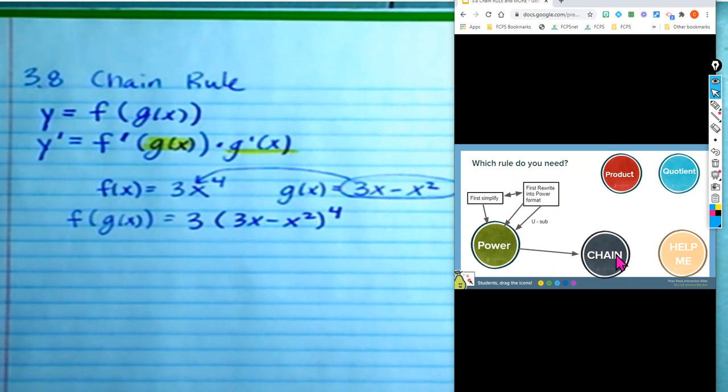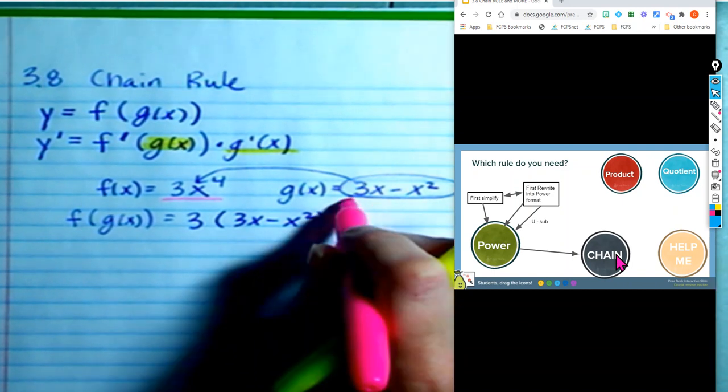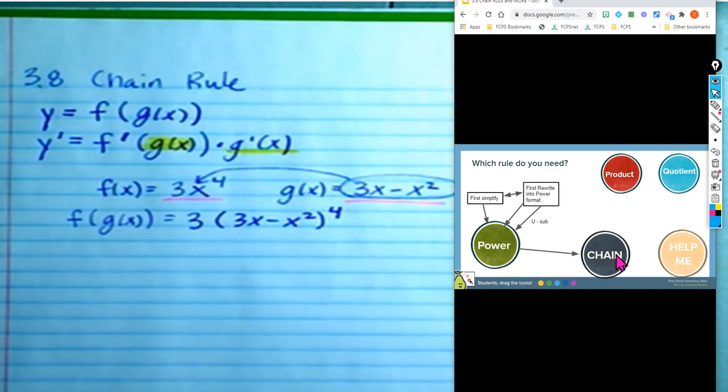Notice that f of x all by itself is just a power rule. Notice g of x all by itself is just a power rule. And that's what I'm looking for. Rewrite into power format. If you have to decompose with that substitution, then we're going to get the chain rule formula.